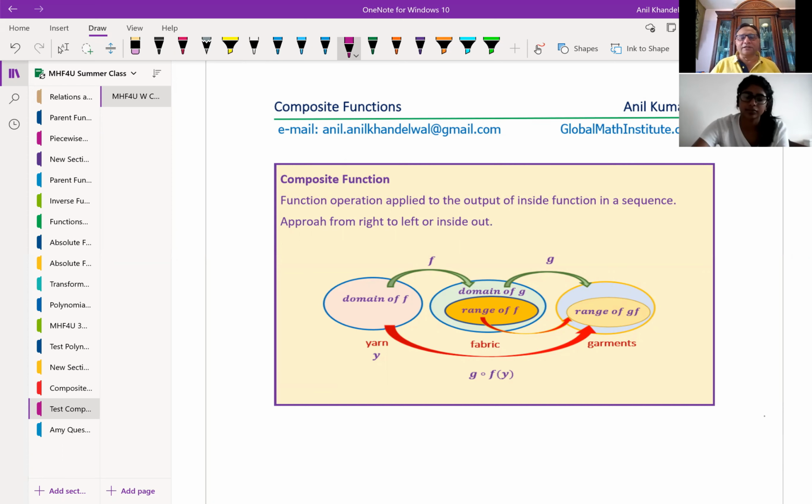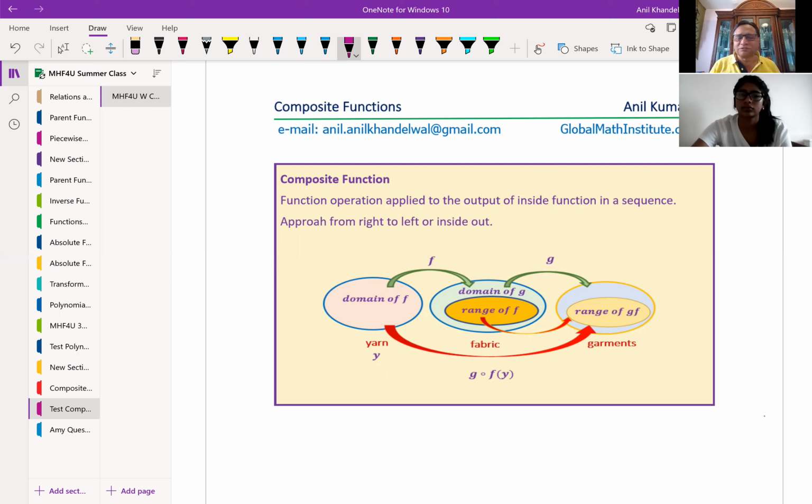The interesting part here is that when we are working with yarn, we could have multicolored yarns, different types of yarns, cotton, silk, and many other varieties. Endless. So that is the domain of the yarn. From these yarns, we make different types of fabrics, with different thread counts.